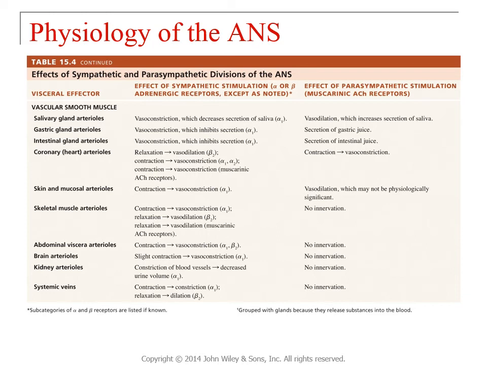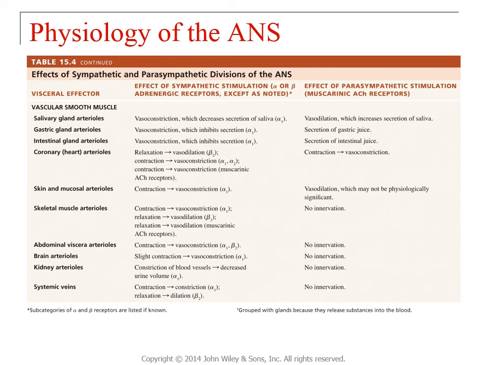As far as smooth muscle goes in the different types of glands, you see vasoconstriction is going to inhibit secretion of saliva and gastric juices, while on the flip side, the parasympathetic division will stimulate those types of secretions. As far as the coronary arterioles, you're going to relax those muscles in the sympathetic and contract them in the parasympathetic.